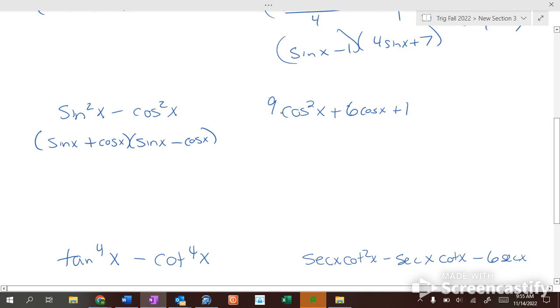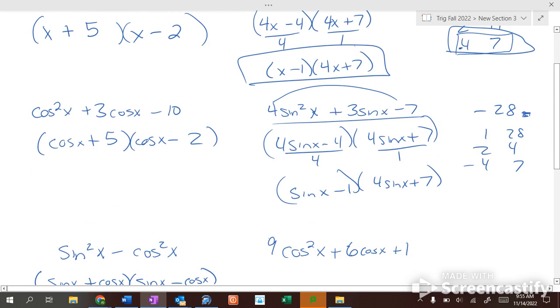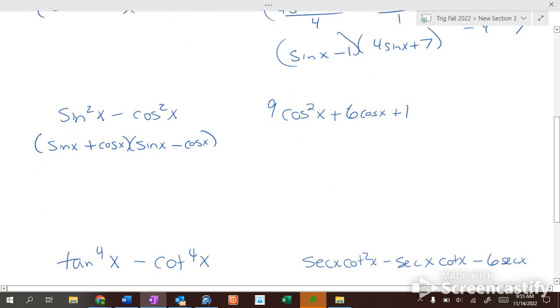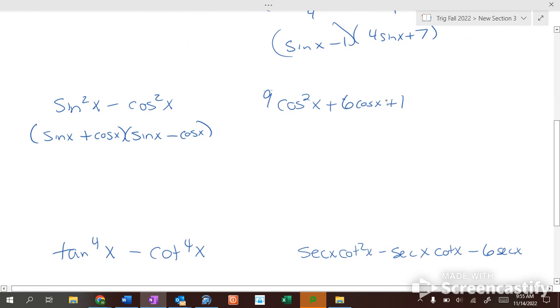Now, here's one where we have a first term coefficient, just like we had first term coefficients up here. But if both the first term and the last term are perfect squares, like this is, then you only need to write one set of parentheses squared. Take the square root of the first term, the sign of the middle term, the square root of the last term.